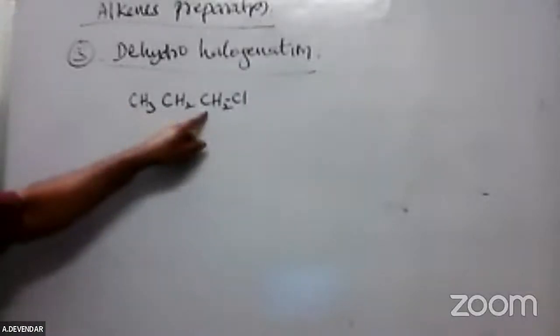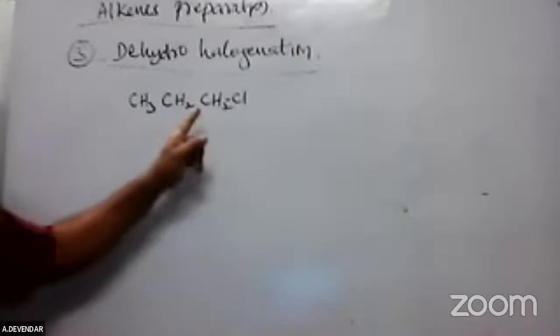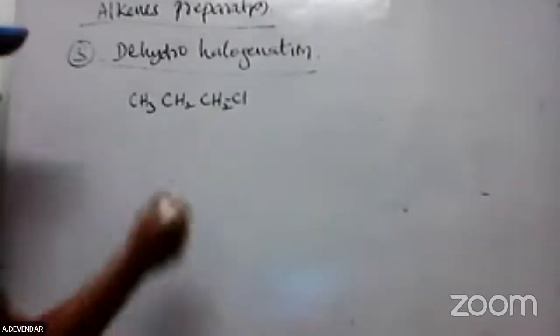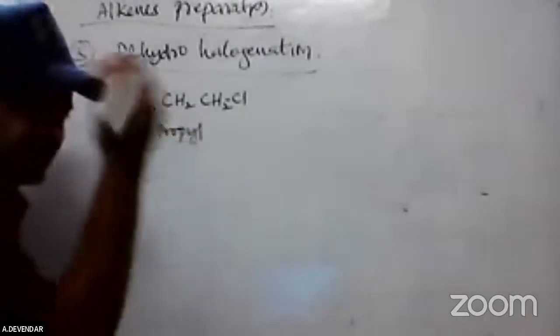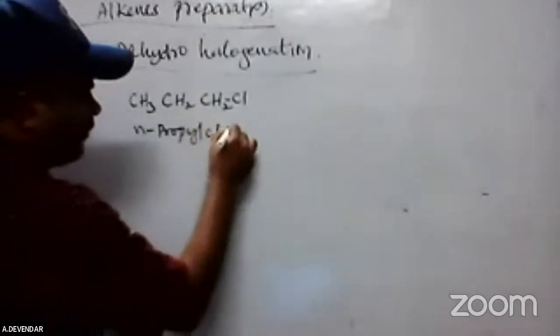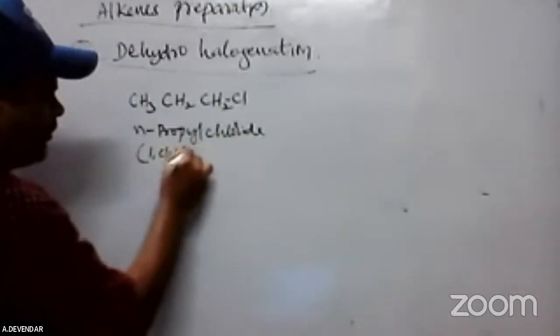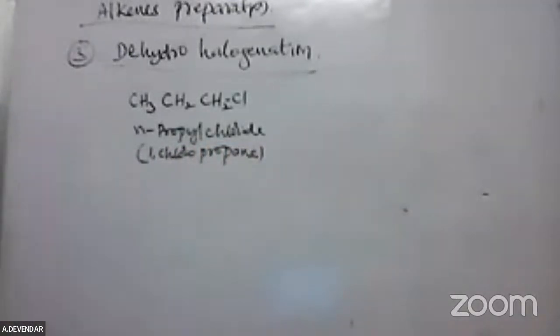Here the root word is three carbons, so prop, and chlorine is present. So it is 1-chloropropane or propyl chloride, simply called n-propyl chloride. Propyl means one hydrogen is removed. Both names are correct; you can write any one.